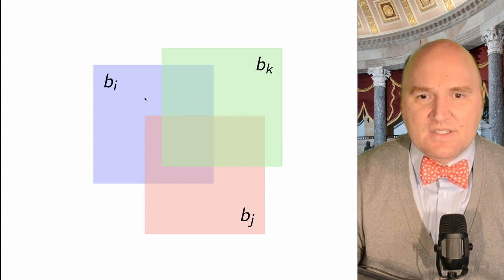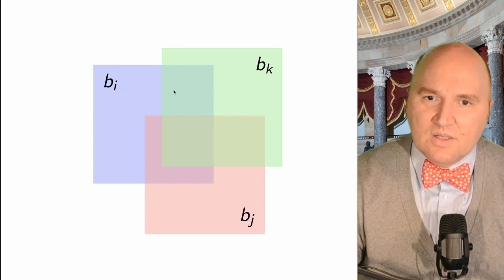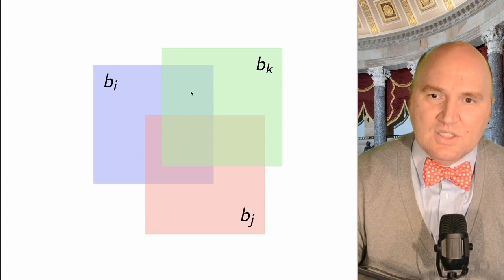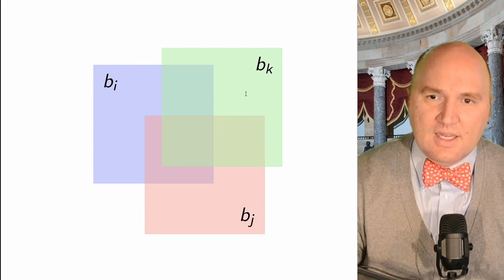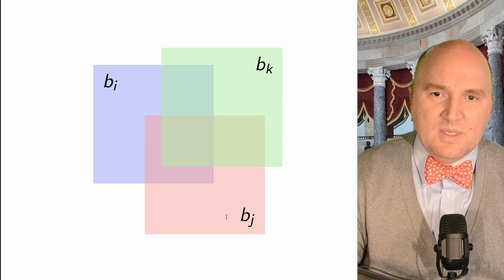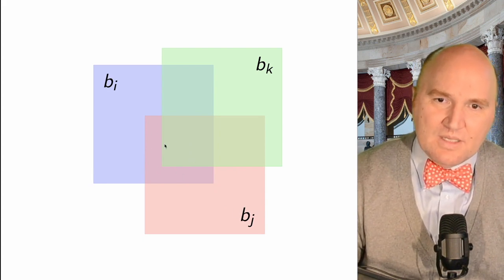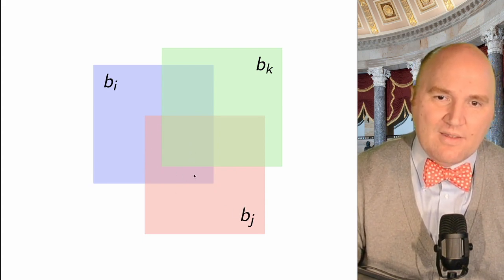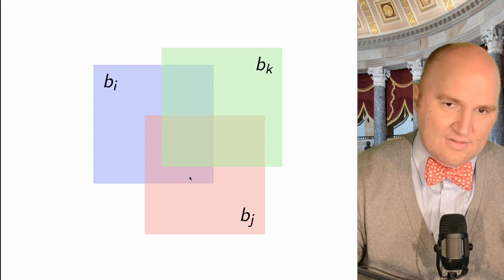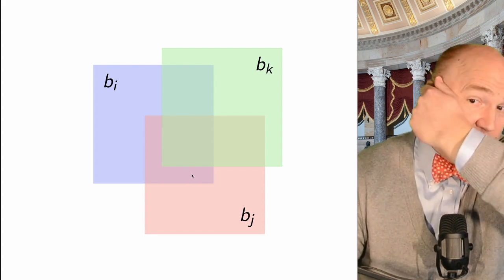There's a bunch of other stuff. This hockey stick here is stuff that is unique to the House bill, but the toe of the hockey stick is a unique contribution to BK. The same is true here: we've got a square and a hockey stick with a toe that is stuck inside of BK. Now, there's a bunch of stuff that was in both the House and Senate versions of the bill, this L here, that ends up not in the final version of the bill.